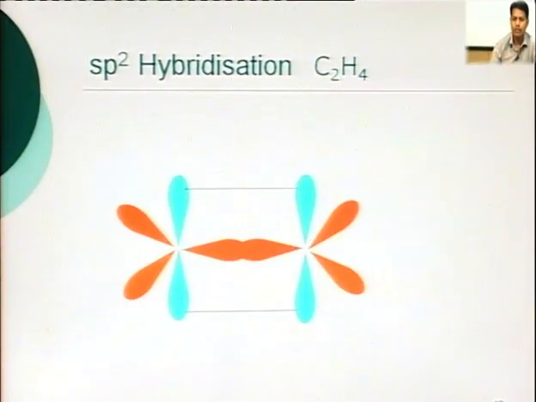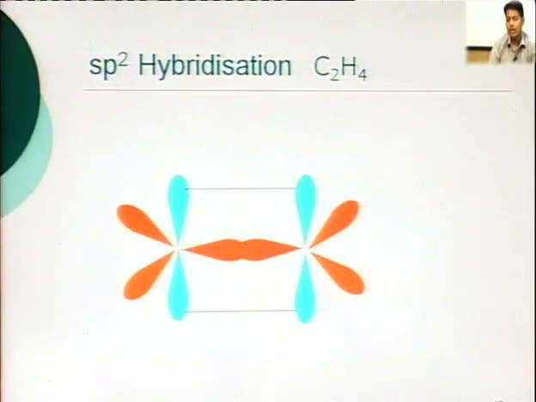The example shown here is ethene. In ethene, one carbon has 3 hybrid orbitals and 1 unhybrid orbital. The 3 hybrid orbitals are shown in orange color and the unhybrid orbital is shown in sky blue color.